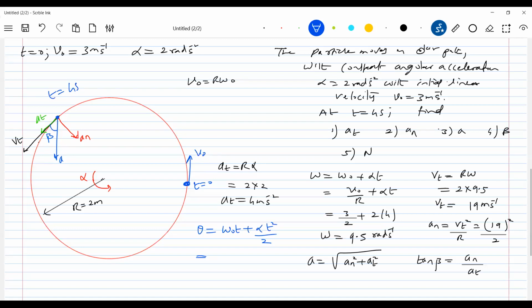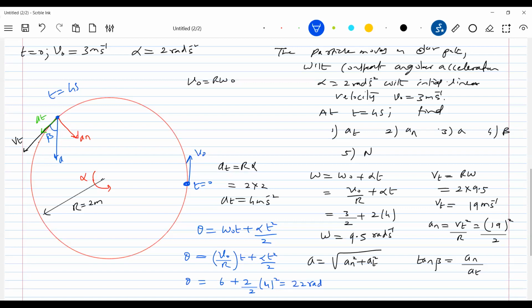Omega naught, the initial angular velocity, is V naught by R, which is 1.5. 1.5 times 4 is 6. Alpha is 2, divided by 2, times t square, 16. Plus 16, this will be 22 radians.